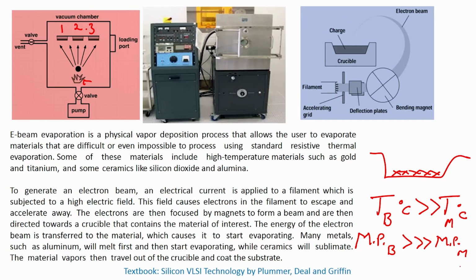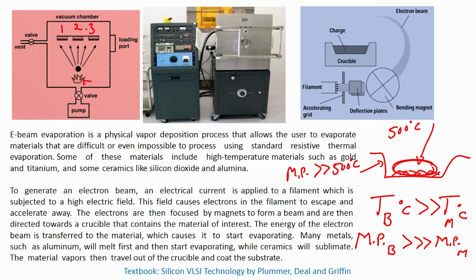That means, if I have a metal which has a melting point of, let us say, 500 degree centigrade, my boat should have a melting point way higher than 500 degree centigrade. In this case, my boat will not melt, and only the material within the boat will melt.